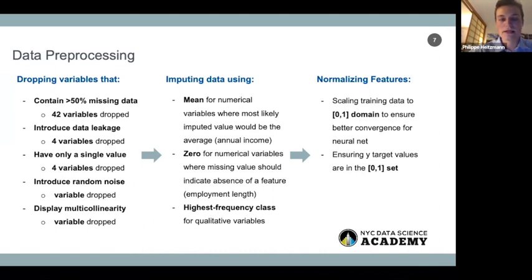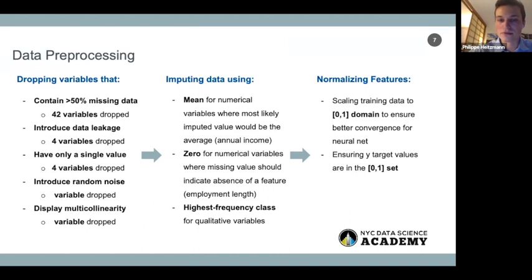Next, once you've dropped those variables that have too much missing data, you want to always impute data in other variables that might have some missing data, but not enough that you'd want to just drop them. There are different techniques to do this, but for numerical variables, this will mainly be imputing to the mean where appropriate.